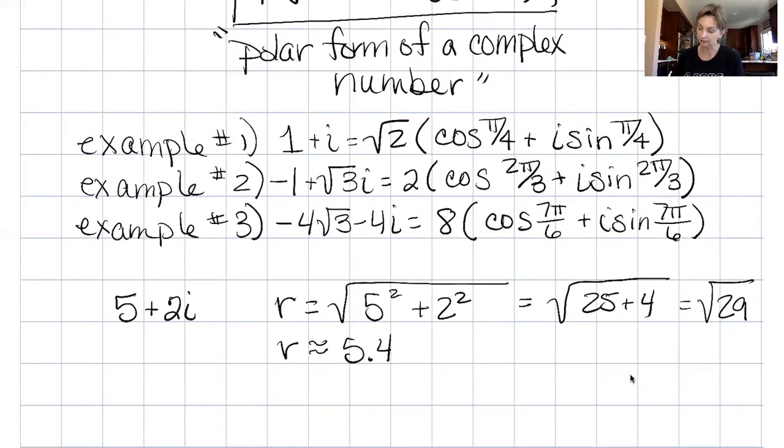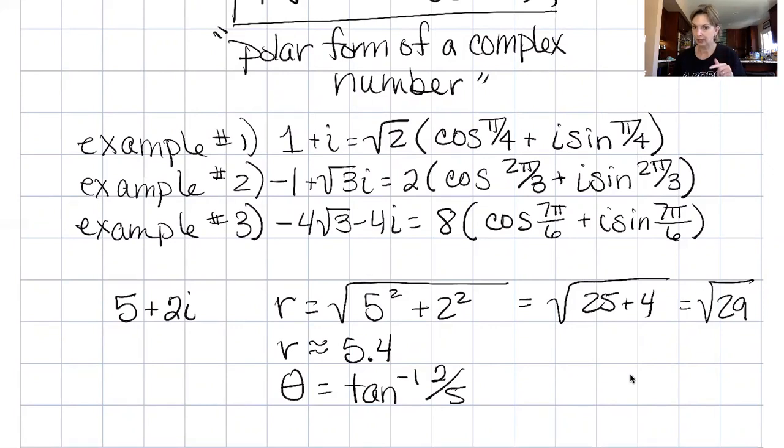Now we've got to solve for our angle. This is going to be in quadrant 1, right? +5 and +2. So y is 2, x is 5. So 2 divided by 5, inverse tangent on your calculator. Because 2/5, you're not going to find that on your unit circle, right? So in this case, you're going to have to use your calculator.